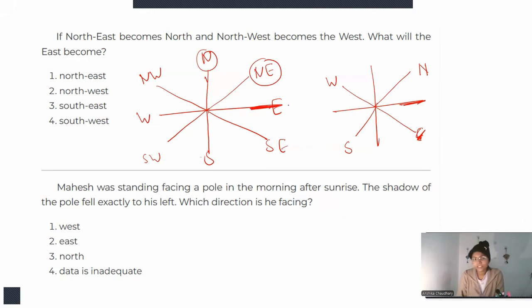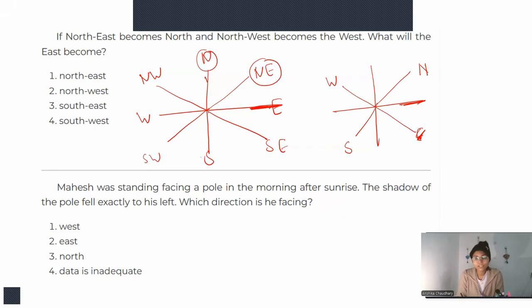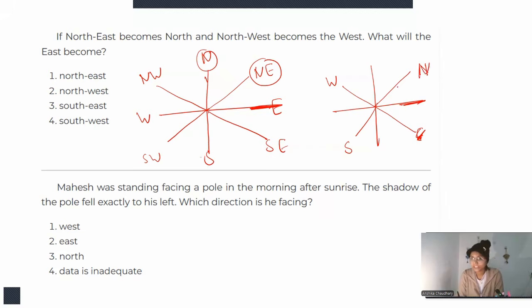It will become northeast. Here we are talking about if northeast becomes north and northwest becomes the west. So we have converted this north to northeast, right? Northeast becomes north. So it will become north here. Then northwest becomes west. What will the east become?